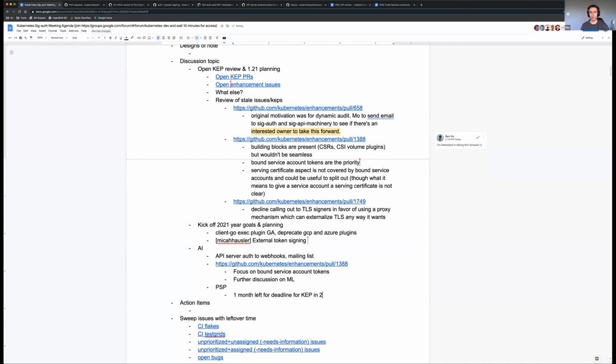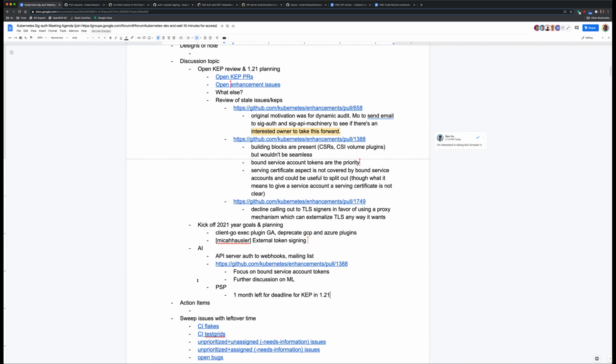But the goal, Tabitha proposed, and feel free to chime in, Tabitha, was that we aim to get a KEP merged or accepted for PSP before 1.21 goes out, so that then we can link the deprecation of PSP to the path forward, essentially, and then have a goal of executing on that KEP in the rest of the year.